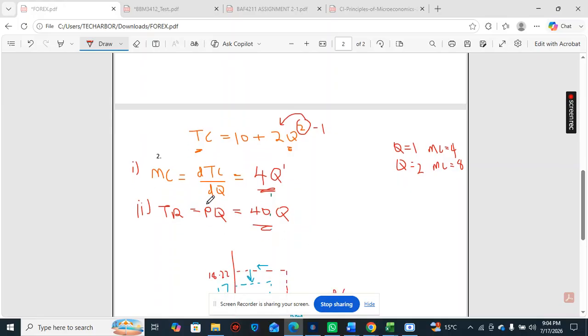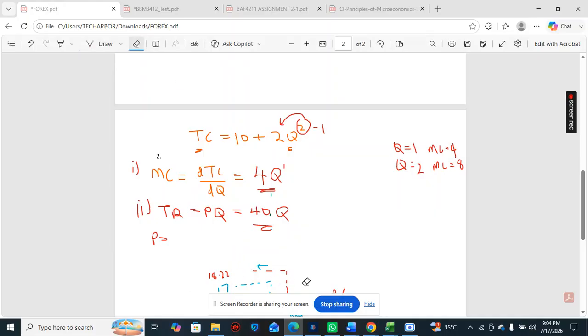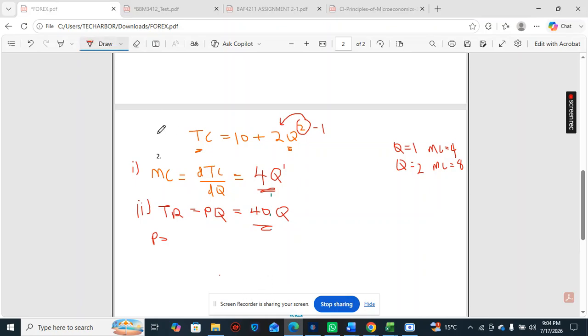Then the profit function, profit equals total revenue minus total cost. Okay. Profit is total revenue TR minus total cost.